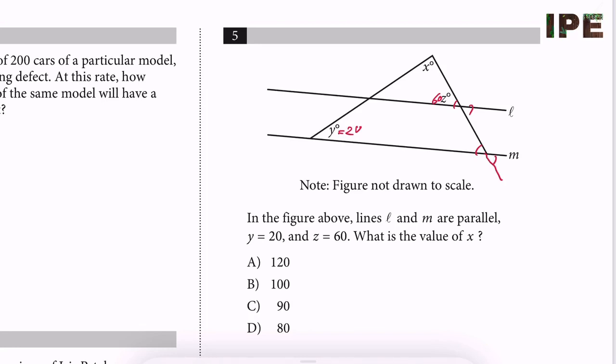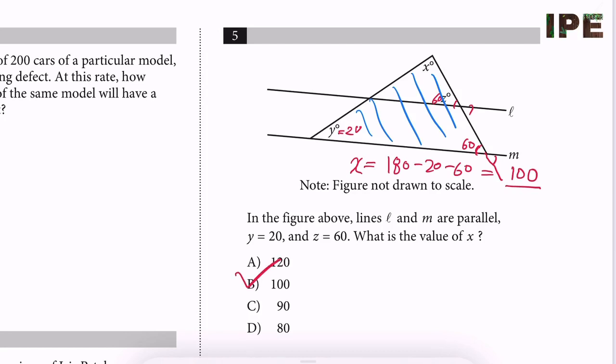So actually this angle is 60 degrees as well, because this angle and angle z are corresponding angles. They must be congruent. 60 degrees, 20 degrees. So in this big triangle, the sum of 3 angles must be 180 degrees. So x equals 180 minus 20 and 60, which is 100. So B is the answer.